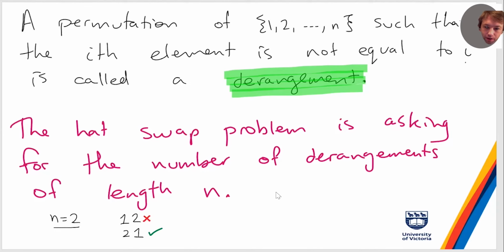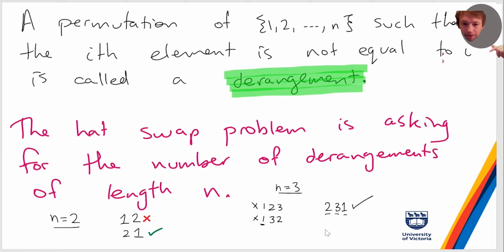For n equals 3, 1, 2, 3 is not a derangement, and 1, 3, 2 is not a derangement, because the 1 is in the first position. But 2, 3, 1 is a derangement because the first position is not a 1, the second is not a 2, the third is not a 3.